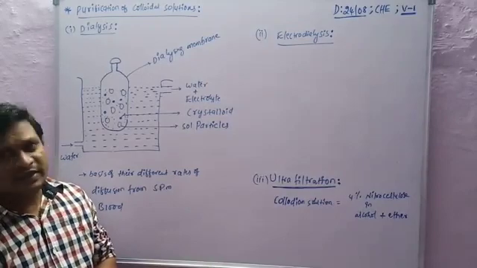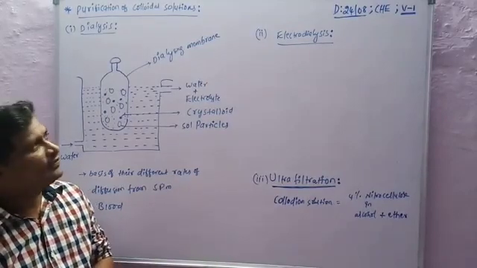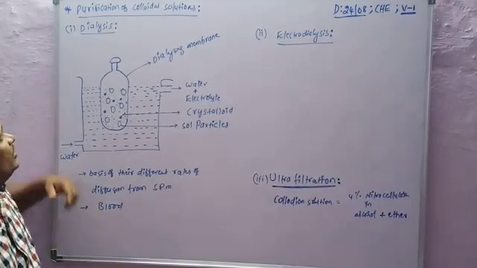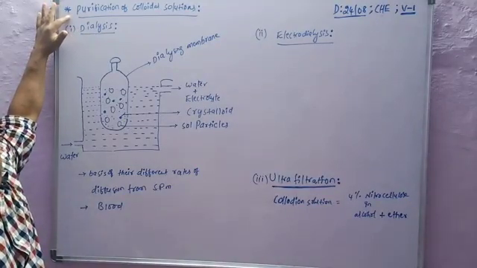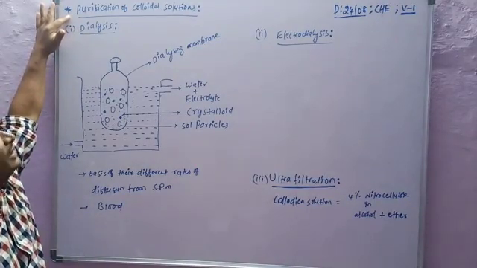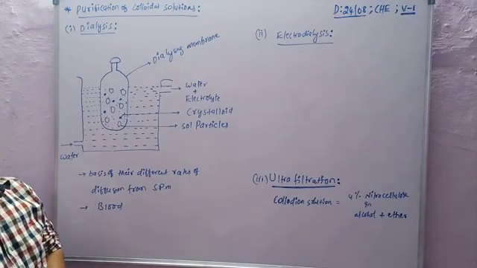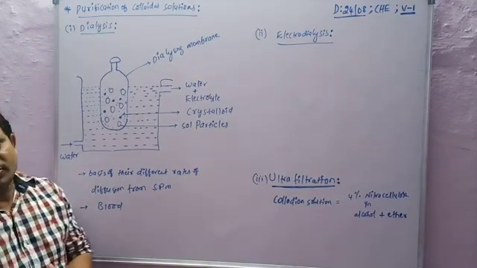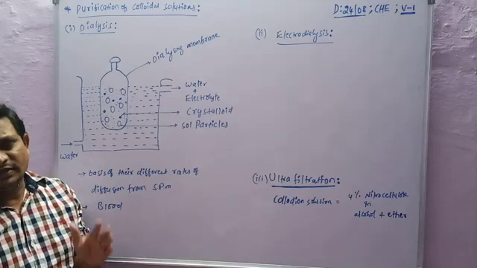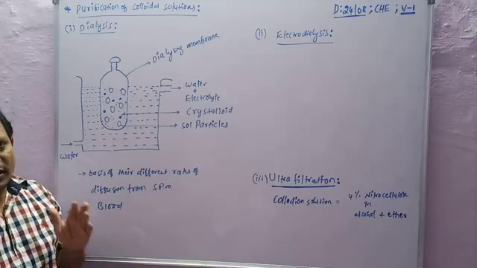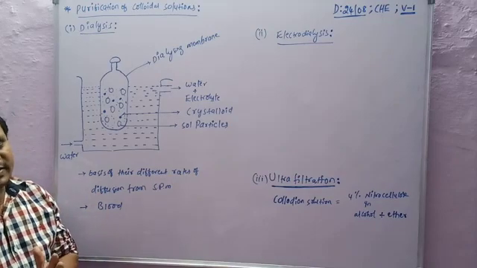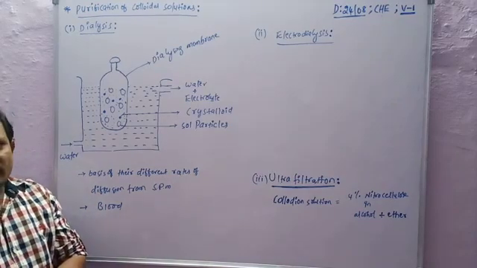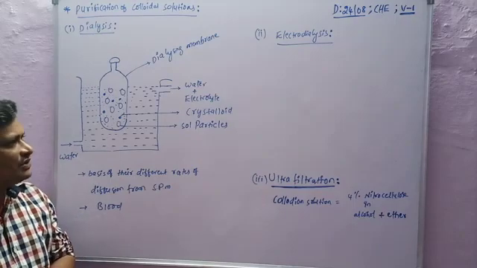After completion of preparation methods of colloidal solutions, we are going to discuss purification of colloidal solutions. Preparation completed, then purification of colloidal solutions. So what is purification? It means the process which reduces the maximum amount of impurities to the minimum amount of impurities in a colloidal solution.